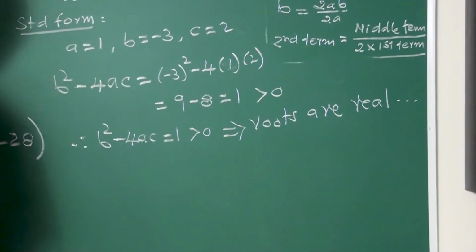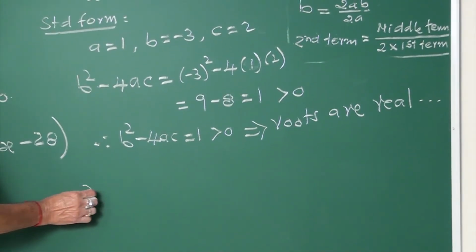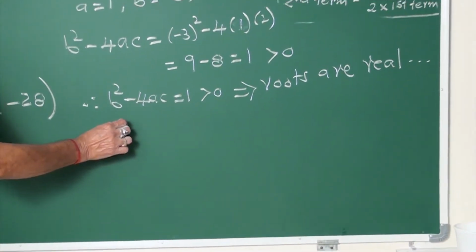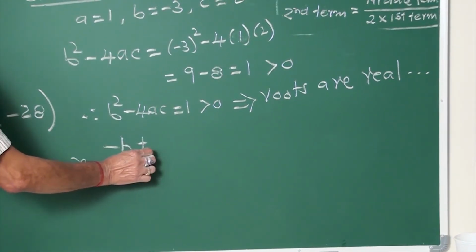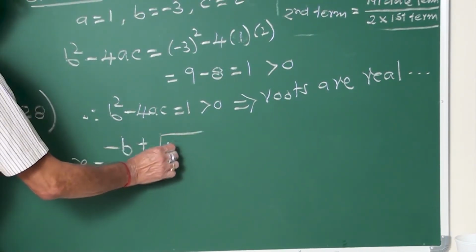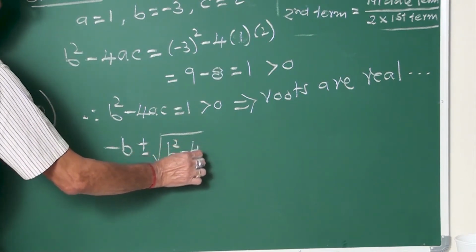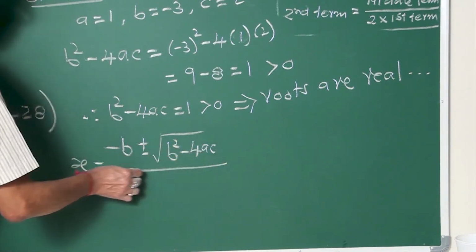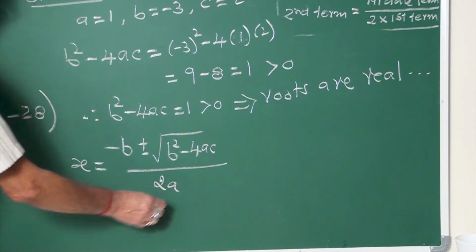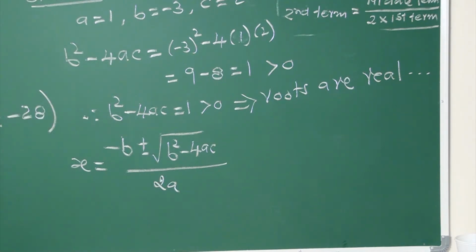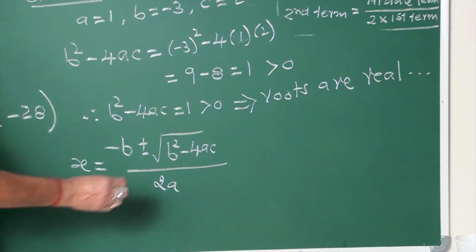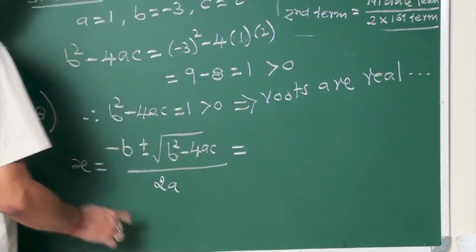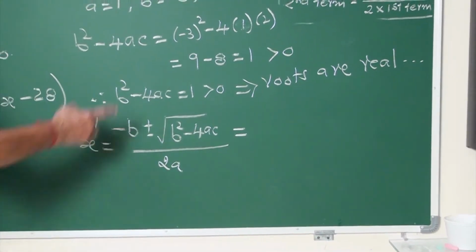And what are the roots? x equal to minus b plus minus square root of b square minus 4ac upon 2a. Substitute the values: minus b, what is b?